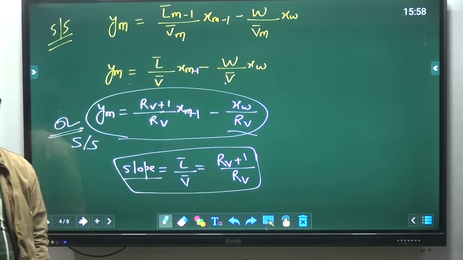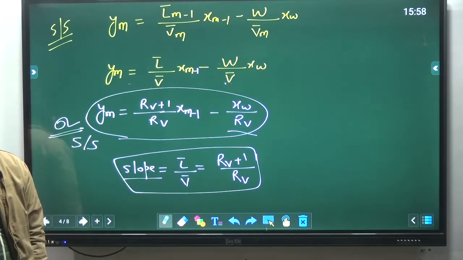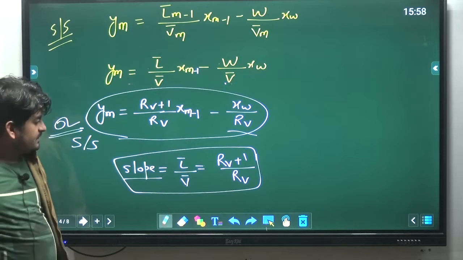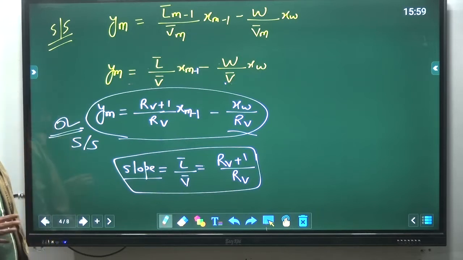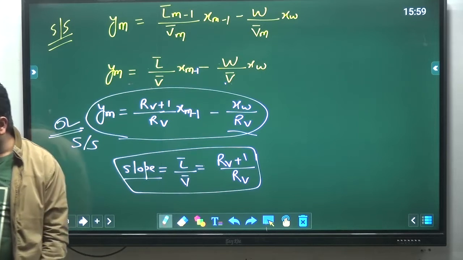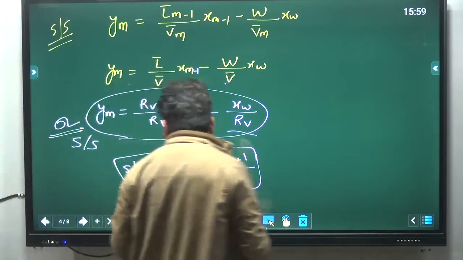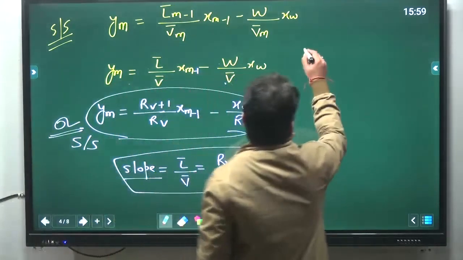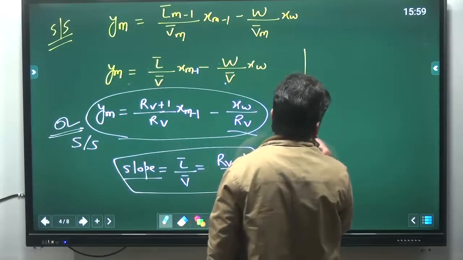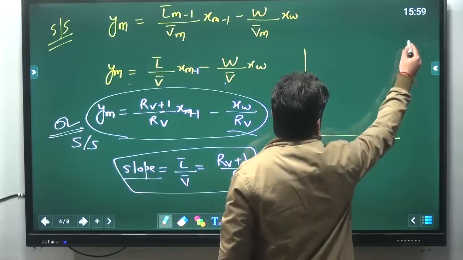I hope this is clear to all of you. So this is something about the rectifying section and stripping section. Now the question is, how can we draw these operating lines? For this, we use the XY plot.